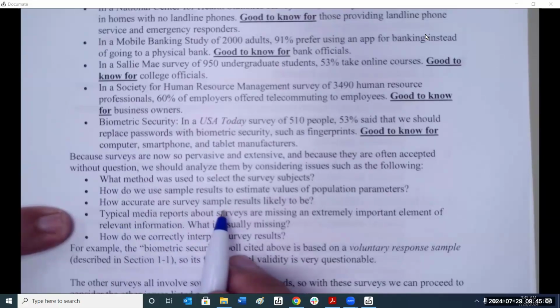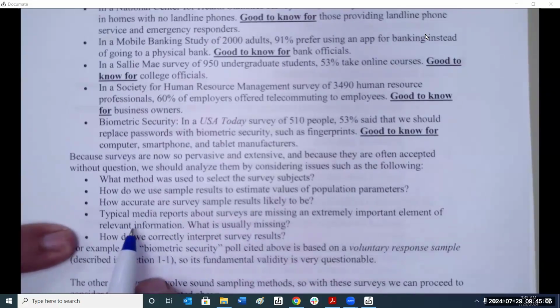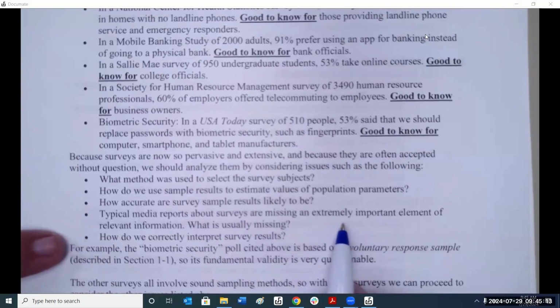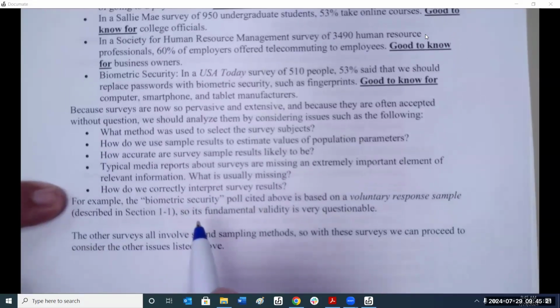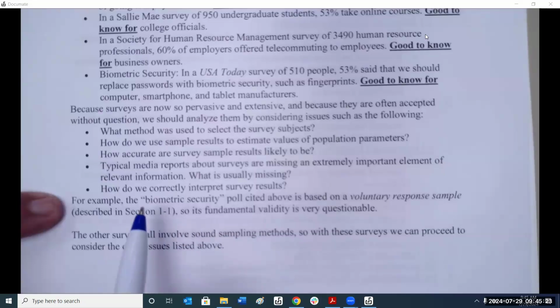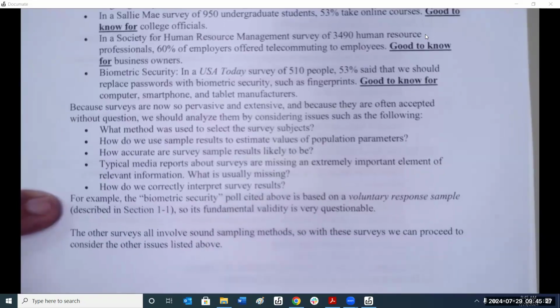How accurate are survey sample results? Typical media reports about surveys are missing an extremely important element of relevant information. What is usually missing? Well, they're missing sample size, the location, the demographics. It's a whole bunch of information that's missing. How do we correctly interpret survey results?